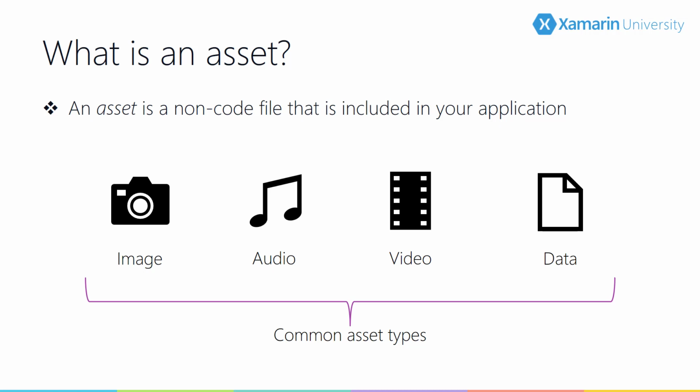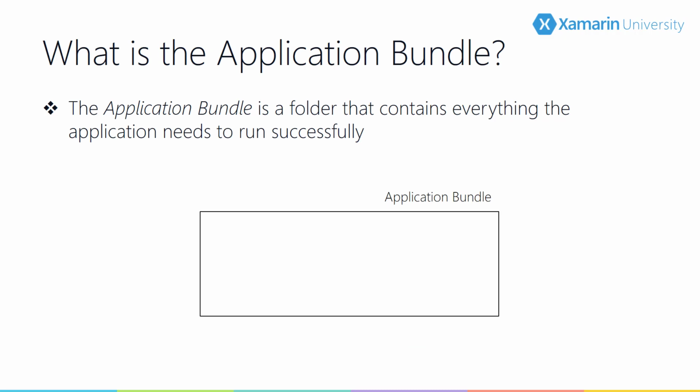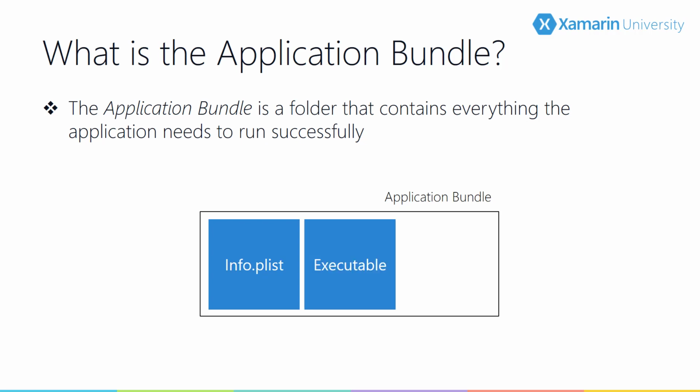Now, when we want to include these in our application, we have to include them in what's called the application bundle. The application bundle is like a folder structure that contains everything that the application needs in order to run successfully. It contains things like the info plist file, which has information about your application, like the application's name. It contains the actual executable file, and it will also contain all of our resource files.